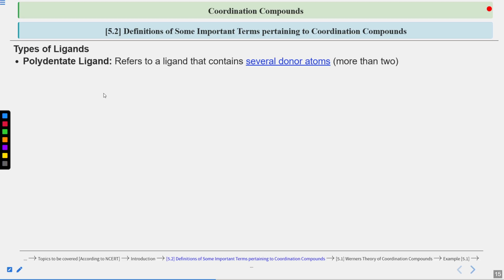Poly means many, more than two. A polydentate ligand can contain several donor atoms, more than two, because if two are present, we call that ligand bidentate. If more than two atoms in the particular ligand act as donor atoms, it comes under the category of polydentate ligand.